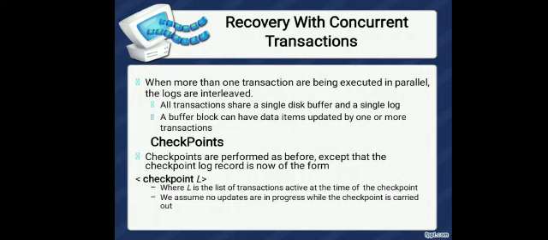It looks like a bookmark during the execution of transactions. When the process reaches the checkpoint, the transactions will be updated in the database. Until that point, the entire log file will be removed. The checkpoint is in the form of checkpoint comma L, where L is the list of transactions active at the time of the checkpoint.